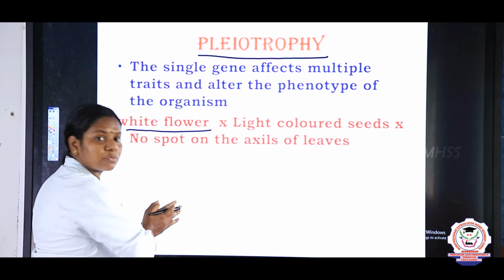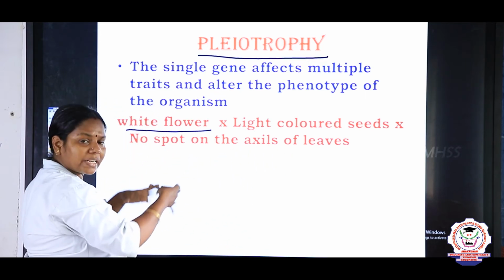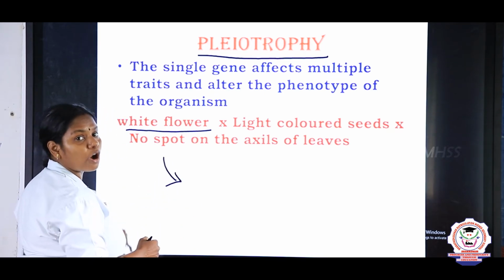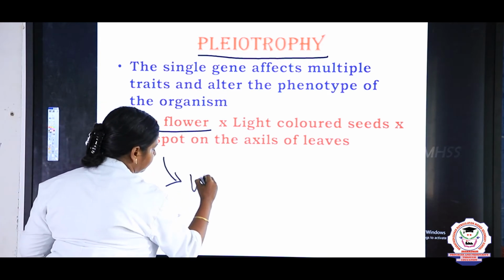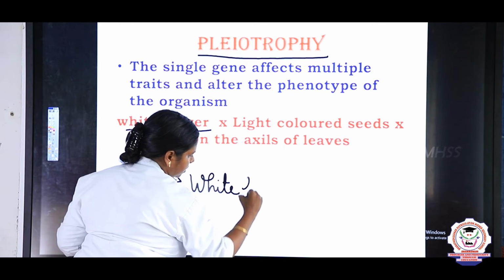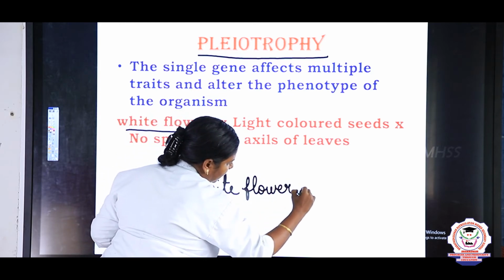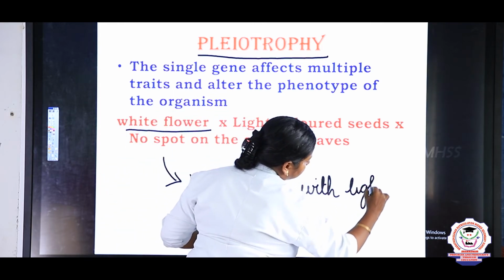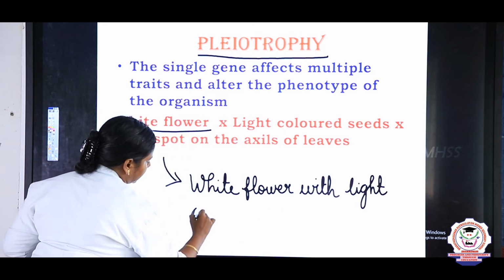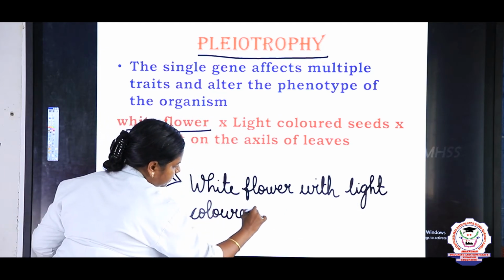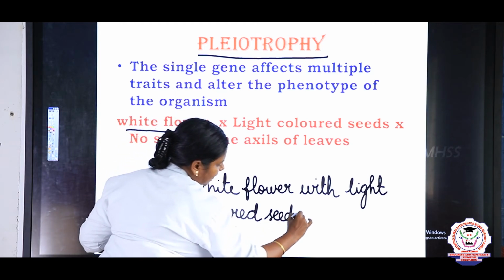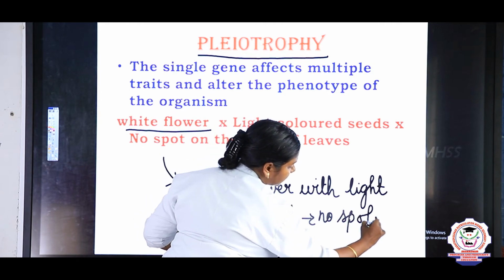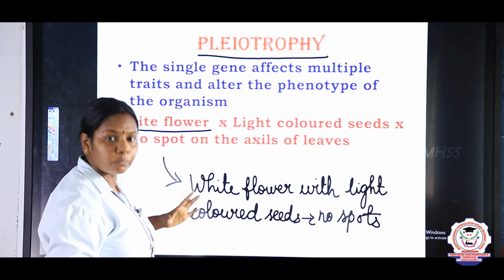When the three characters are combined or crossed, the hybrid produced in the next generation is a combination of all: a white flower with light colored seeds, and a leaf with no spots. A plant with a new phenotype is formed. So this is an example for pleiotropy.